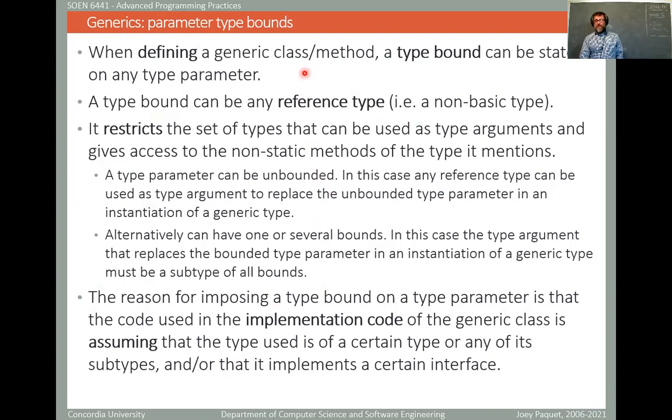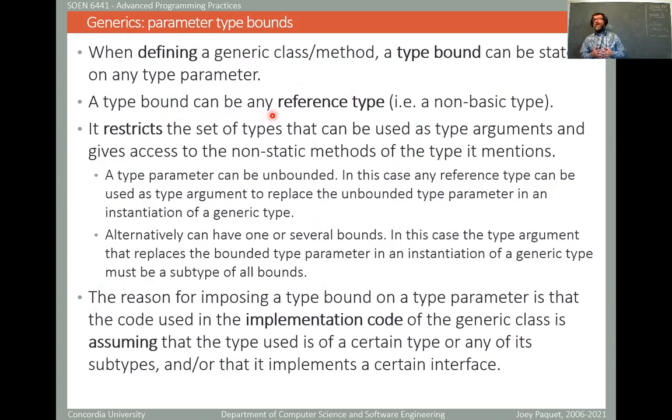Now let's go into more detail about type bounds. When you define a generic class or method, you can define a type bound for the parameter. The type bound, first of all, can only be a reference type.